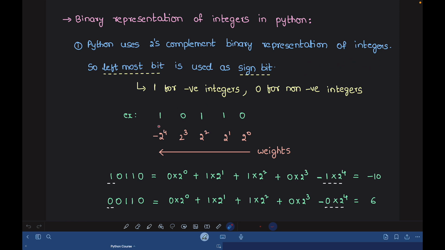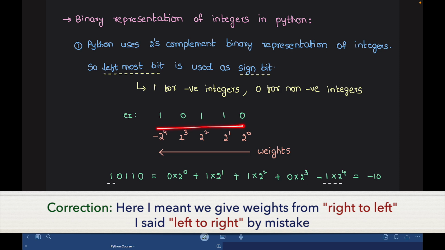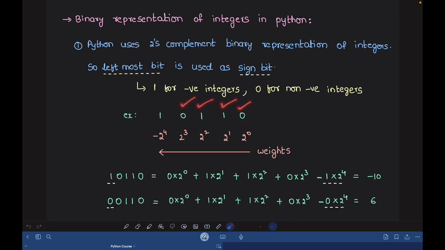So let's take this example of a 5-bit binary number. You might have learned about this conversion from binary to decimal in your school math courses. Generally, from right to left, we give weights to these binary positions starting from 2 power 0, 2 power 1, 2 square, 2 cube, and 2 power 4. That's how we generally give the weights, right? Now, if you want to convert this binary to a decimal number, we multiply each bit value with its weight and add all the terms.